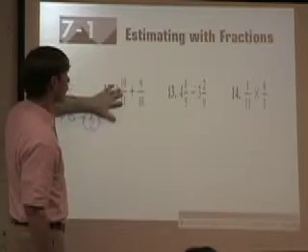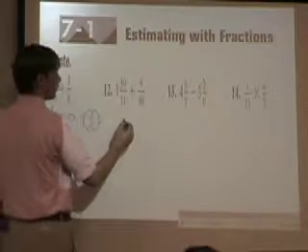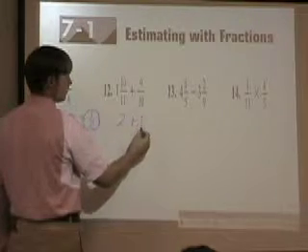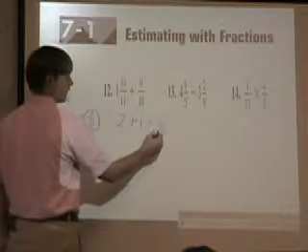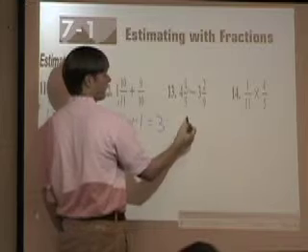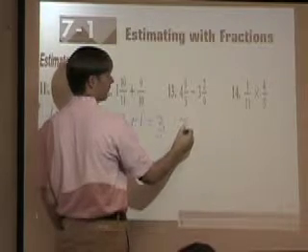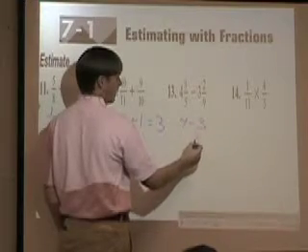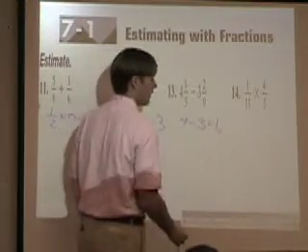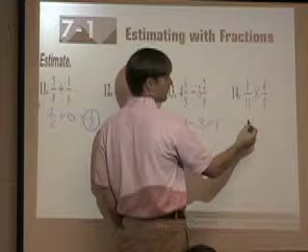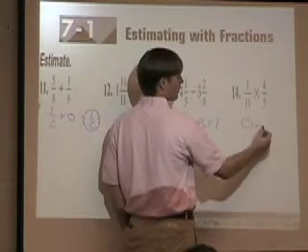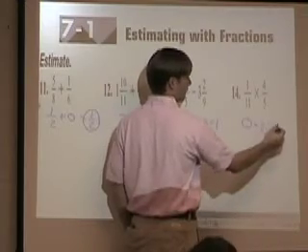Here, 1 and 10 over 11 rounds to 2, and 9 over 10 rounds to 1, so 2 plus 1 is 3. 4 and 1/5 rounds to 4, and 3 and 2/9 rounds to 3. What's 4 minus 3? 1. Now 1 over 11 rounds to 0, times 4 over 5, which rounds to 1. What's 0 times 1? 0.